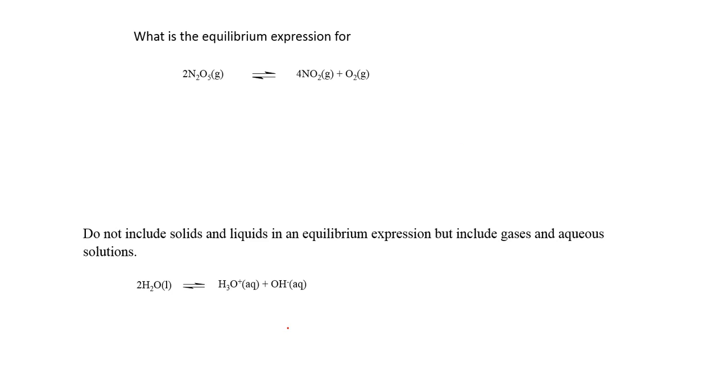Now let's look at an actual chemical equation, and we come up with both Kp and Kc. So this K is big K, big capital letter K.